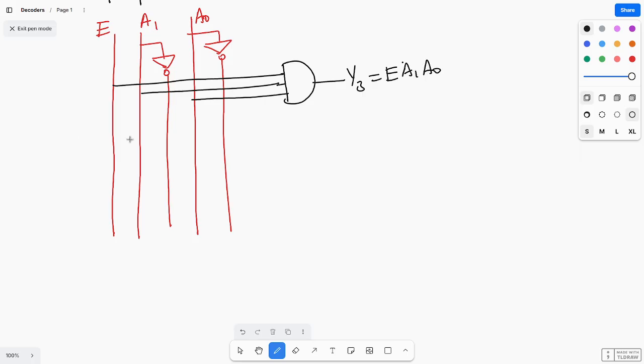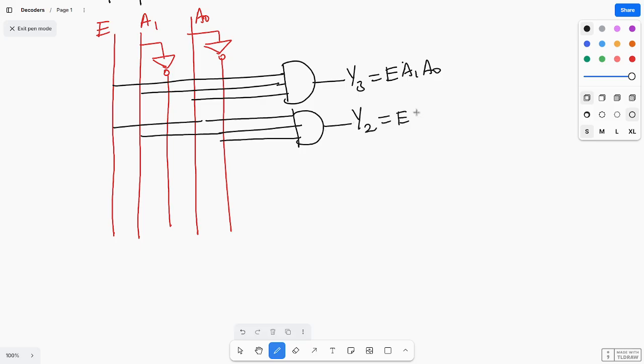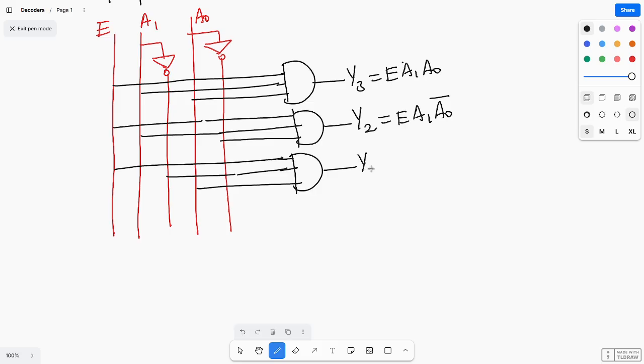Next, y2 is enable A1 A0 bar. A1 you take directly, A0 bar you take through the inverter. So y2 equals enable A1 A0 bar. And y1 is enable A1 bar A0, that is 0 1, so A1 bar and A0 are connected with an AND gate. y1 equals enable A1 bar A0.